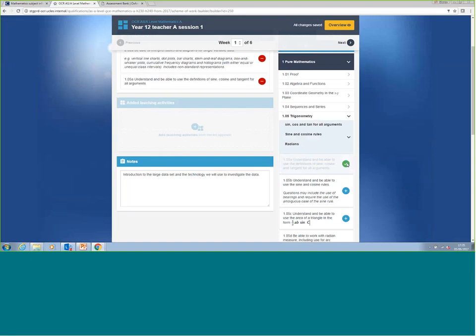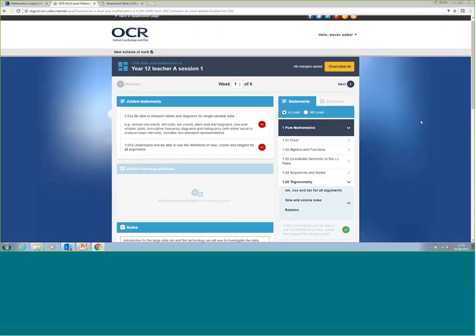You can type in your own notes, and we will be producing online delivery guides which will tie into the scheme of work, so that there will be resources that will tie in to each of the specification content items.